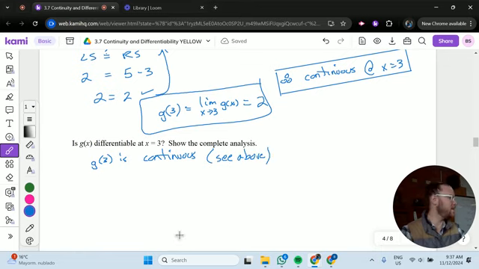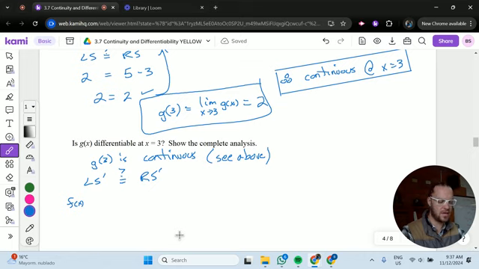Now we need the limits of the derivatives to exist, okay? So we're going to take the derivative of the left side. So left side derivative equals question mark the right side derivative, if that notation makes sense to you. So we're going to plug those in. I'm going to write out g of x first.